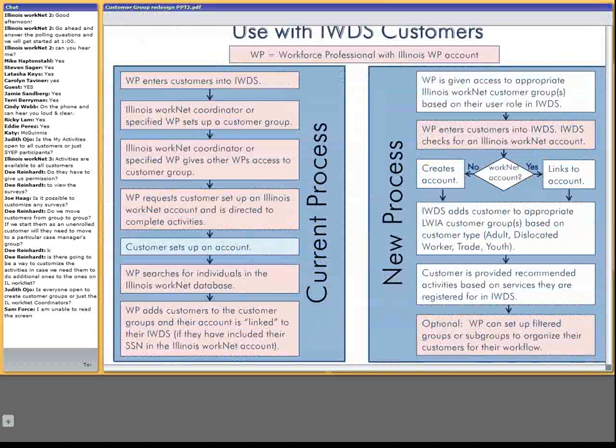And again, we still have the same color coding as before. The current process is the same as what we just went through. We rely on the coordinator set up for starters, the workforce professional enters the customers into IWDS. Now that's just general. Then the process is the same.